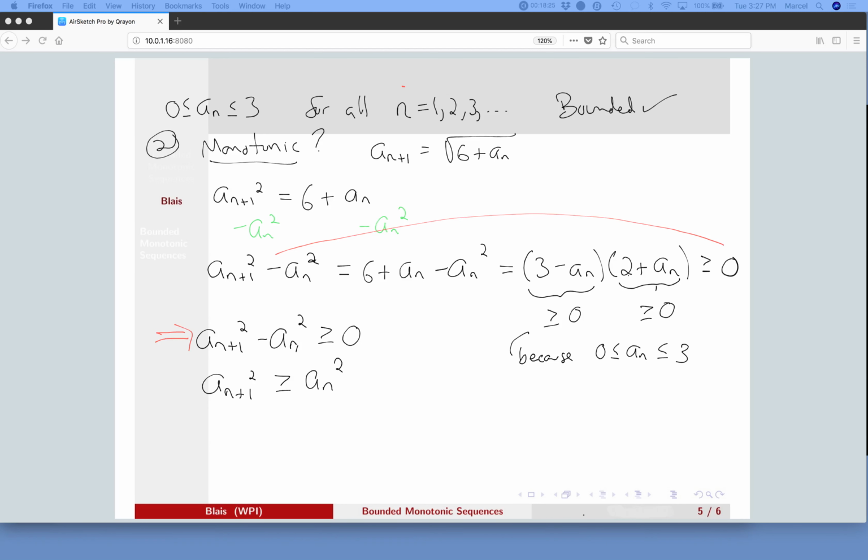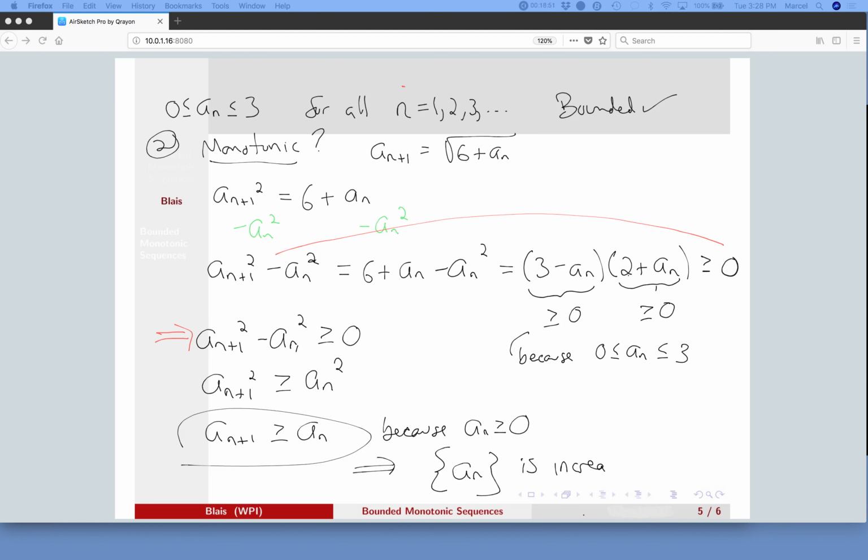And because our a sub n's are all positive, a sub n plus 1 is greater than or equal to a sub n. This is the definition of increasing. So thus, our sequence is increasing. So we've now confirmed that this is, in fact, a monotonic sequence.